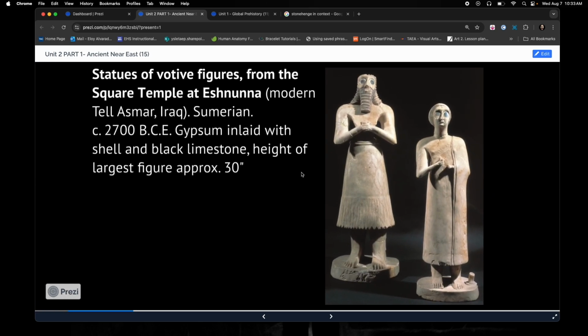If there's no questions, we're going to go on to statue of votive figures. This is also Sumerian. This is from a different area, a different place. But this was very, we'll get into it. They're all pretty much very similar.